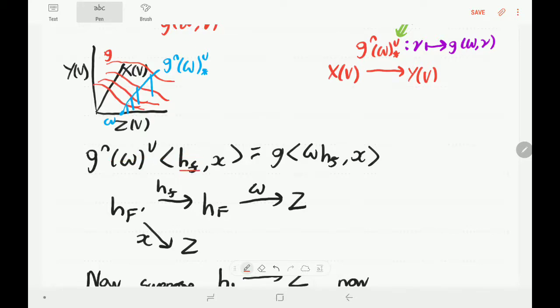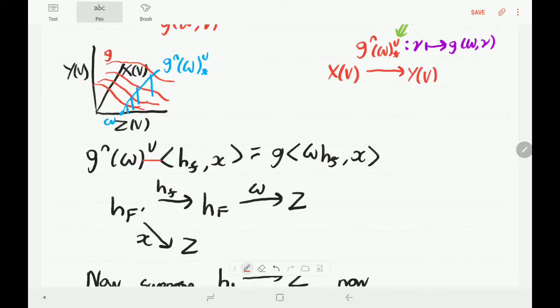It ought to send h of f comma x to g sends w, h of f comma x, where h of f is one of these kind of actions or arrows between Hom functors, and x is an f dash figure of x.